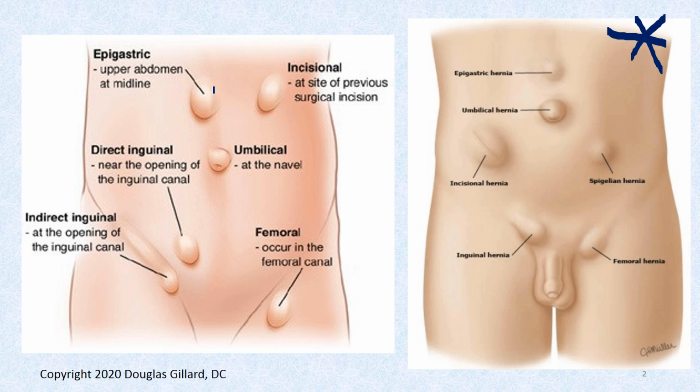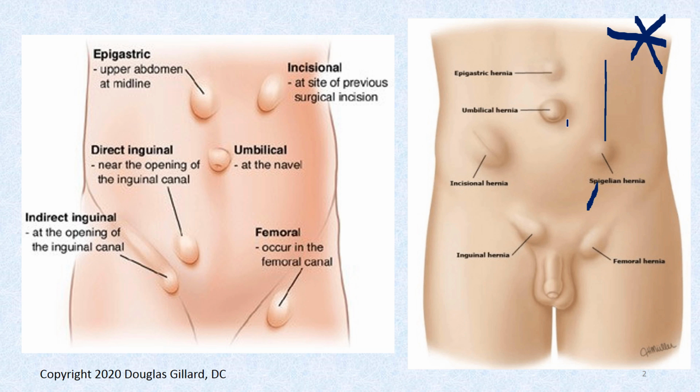We have epigastric hernias, which are hernias that occur in the linea, not semilunaris, oh my god, my mind just went blank. Well, it'll come to me. The linea semilunaris is the one that goes between the rectus abdominis and all the flat muscles.